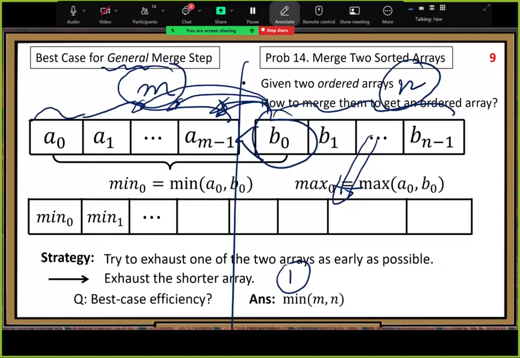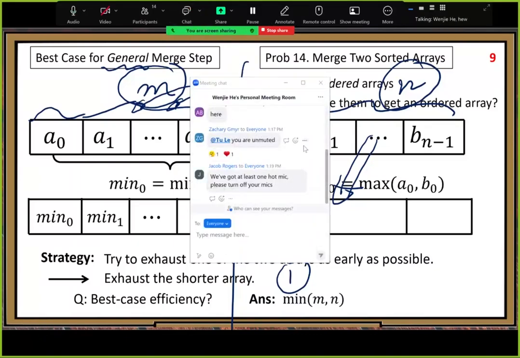Let me check the chat messages if I have anything.